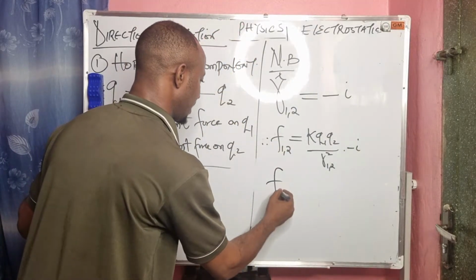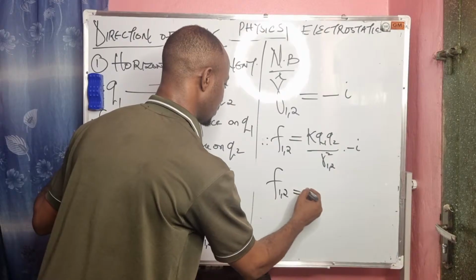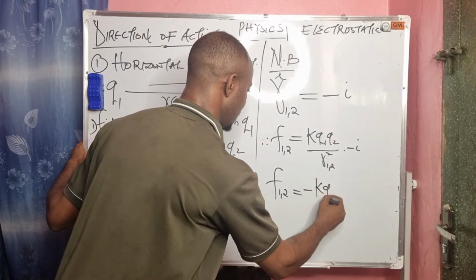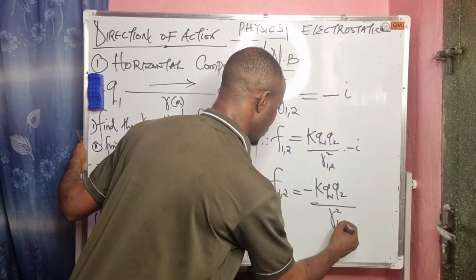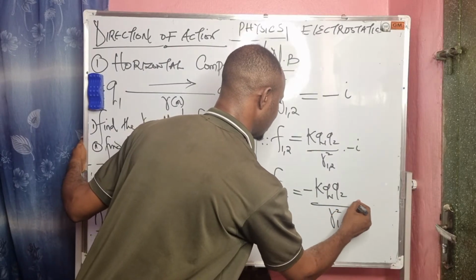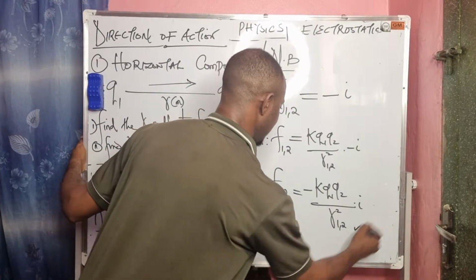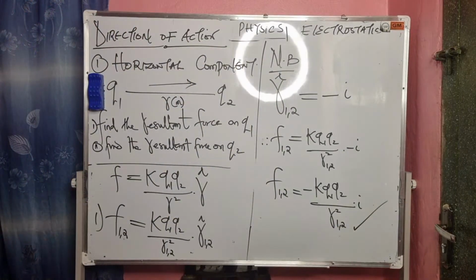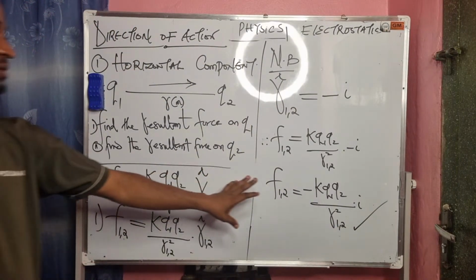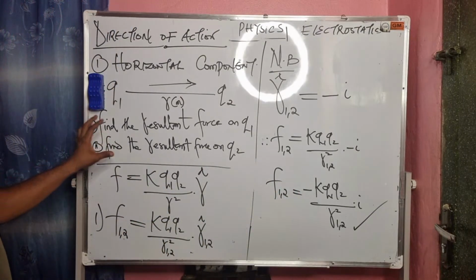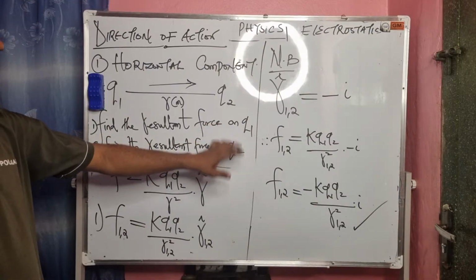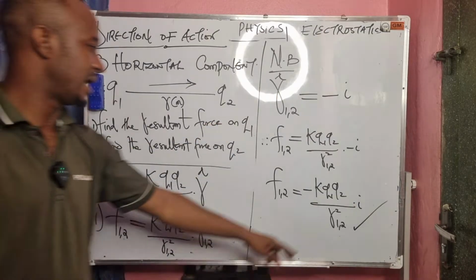And that will give us F12 equals minus K Q1 Q2 over r squared times i. So this is the final expression that can be used to find the force on Q1.